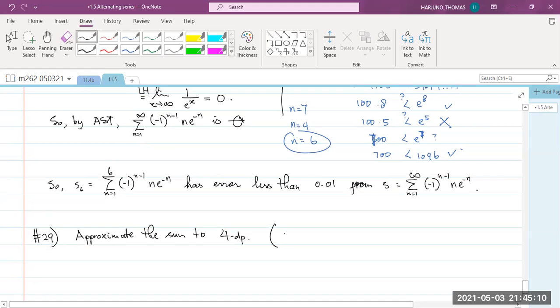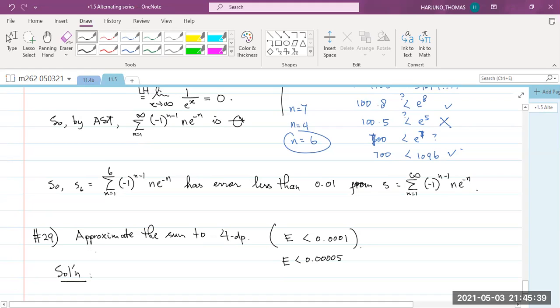In other words, the error should be less than 0.0001. Okay, I will use the error to be less than 0.00005 for rounding.